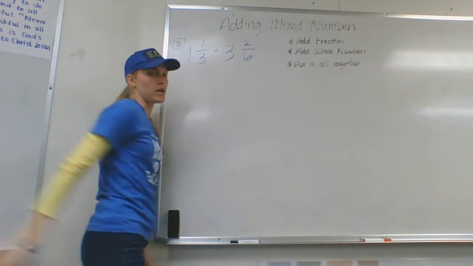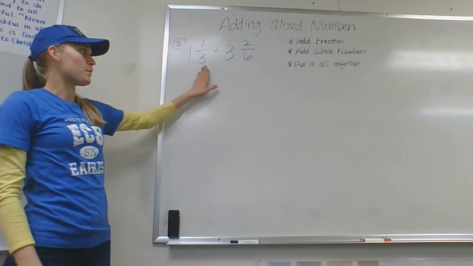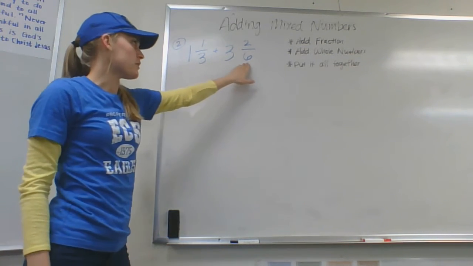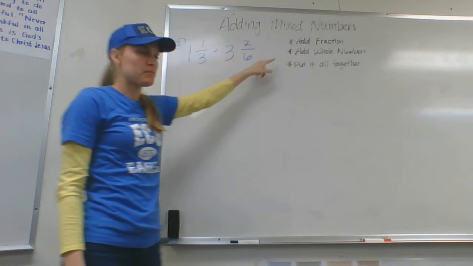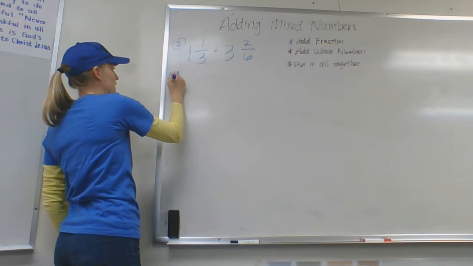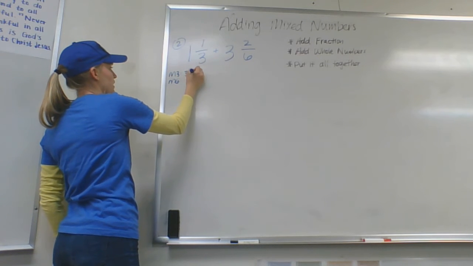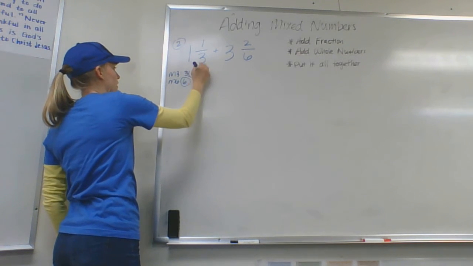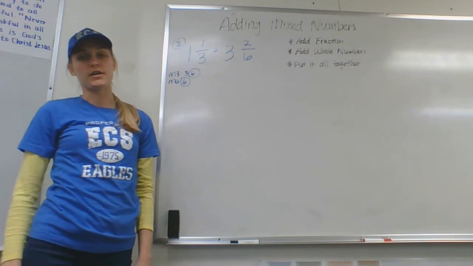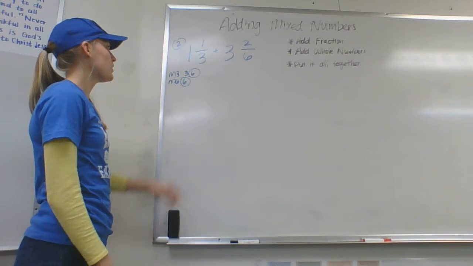So one way it can get more complicated is if we have different denominators. But you guys know how to do that. We need to have common denominators in order to add fractions. So we can think of the multiples of 3. We can think of the multiples of 6. We should arrive pretty quickly at the idea that 6 should be our common denominator.